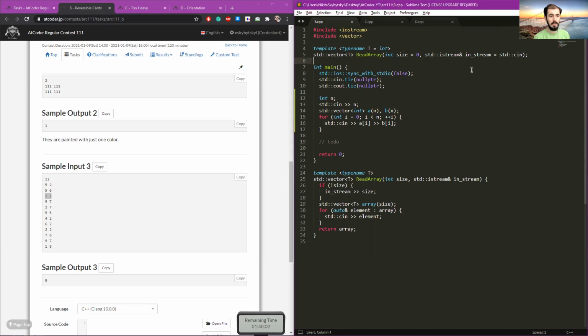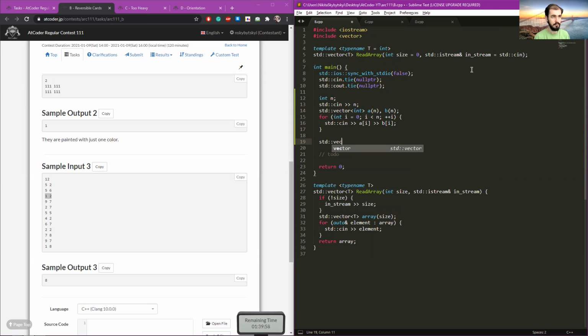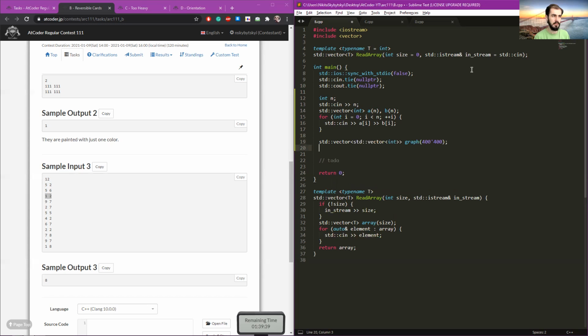So suppose I have a graph. I don't really know how many vertices we need. So let's take as many as we can take. And being very precise is not always good, so let's take a bit more.